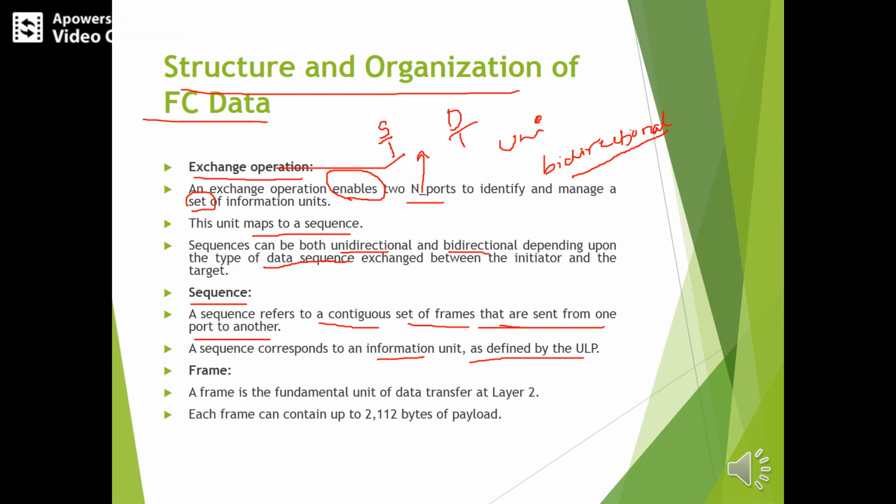So those sets of information are defined by the upper layer protocol. Next comes the frame. A frame is a fundamental unit of data transfer at layer 2. As I mentioned before, each frame contains up to 2112 bytes of payload.